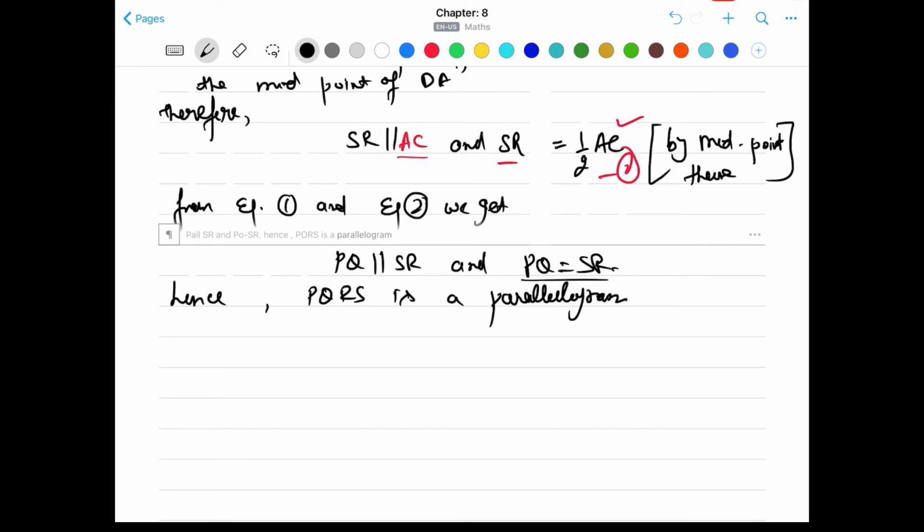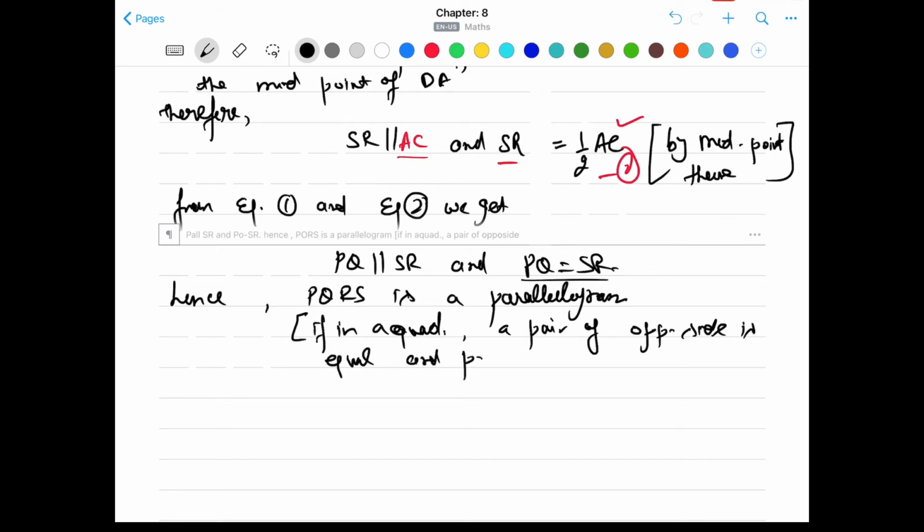The reason for this is: if in a quadrilateral one pair of opposite sides is equal and parallel, then it is a parallelogram.